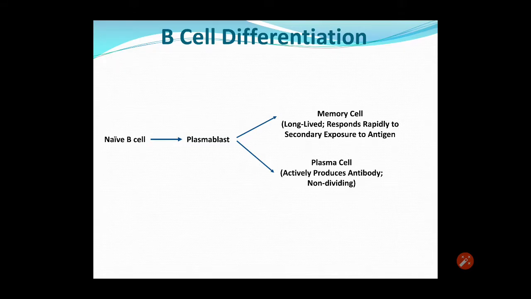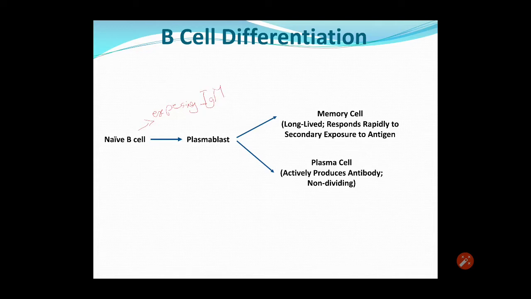And so this is just a summary of the differentiation pathway of the B cell, going from a naive B cell expressing IgM. When it sees the T cell help within the extrafollicular zones, it develops into this short-lived plasmablast producing loads of these antibodies, but not necessarily high affinity.